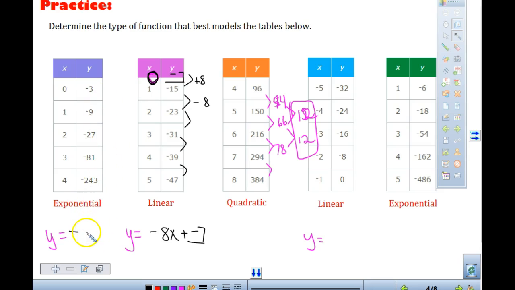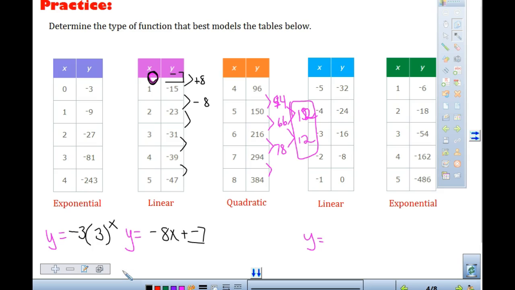Yeah, just the first one. The third one is yucky, or not as nice. So negative 3. Joey, what am I multiplying by each time? 3. So I have negative 3, and then I'm going to put times 3, and this would be to the x power. So that's how we write it if we are looking at an exponential one.